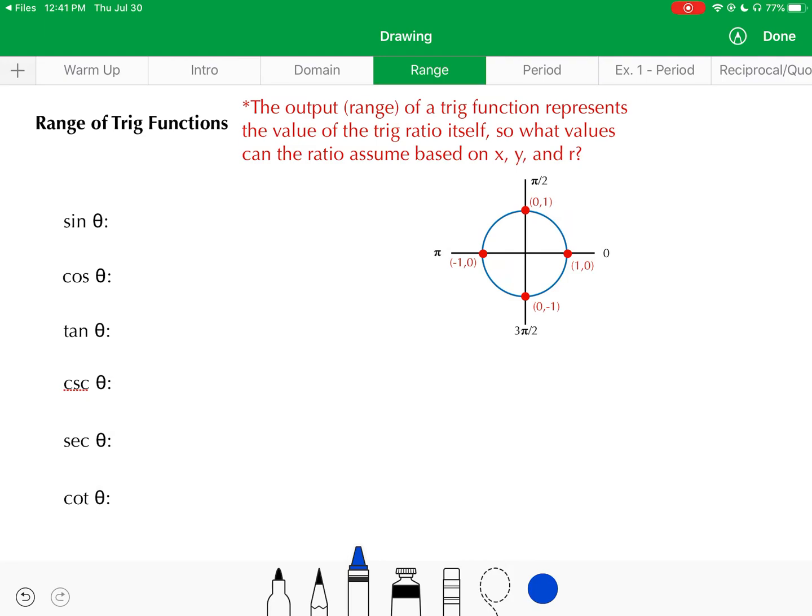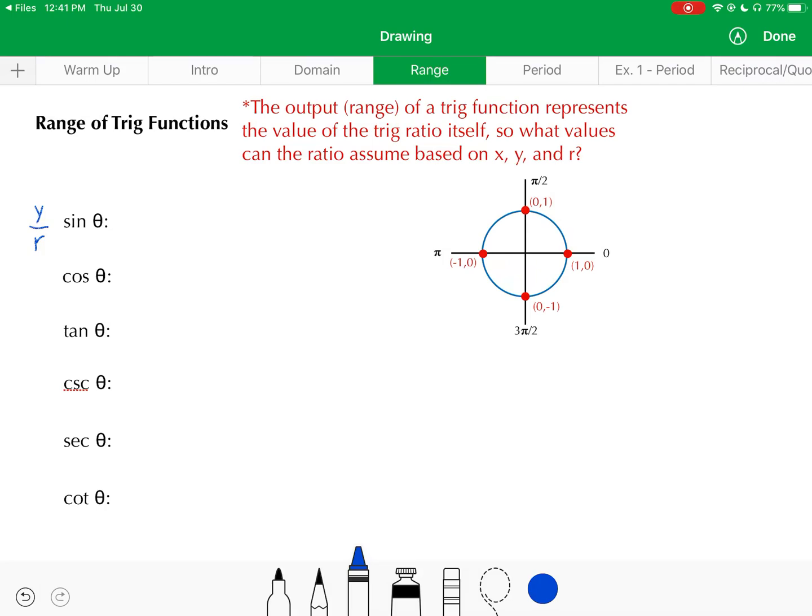So for the sine function, it's defined to be y over r, okay? Now, r, from the triangular approach, is like the length of the hypotenuse of the triangle, right? And we know that that is always going to be longer than the x value or the y value of the point that's associated with the angle itself, okay? Now, y and r, they can be equal to each other in the case of the quadrantals.